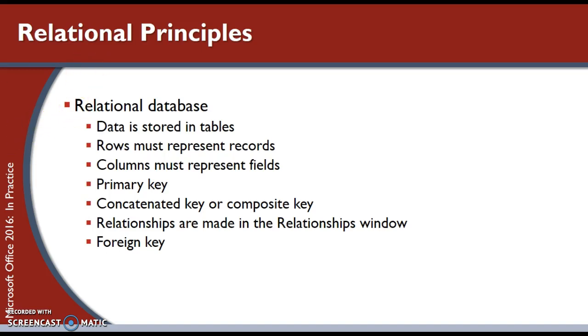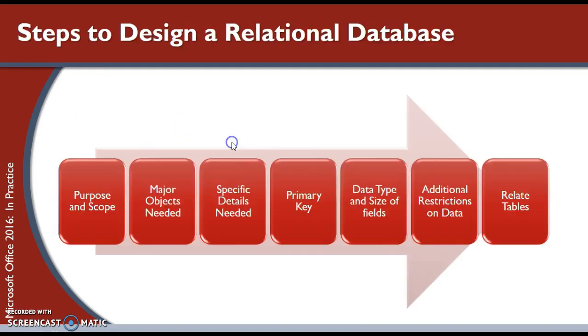Now, before I look at the relationships, we really should take a look at the steps to designing a relational database. The first step is determine the purpose of your database and the scope that you want to perform. So you really need to understand what you want to do in this database. Once you understand that, you need to select your major objects, which means really look at what major tables you are going to have.